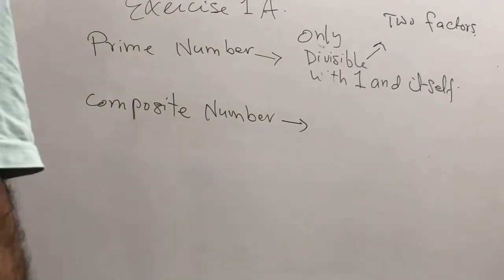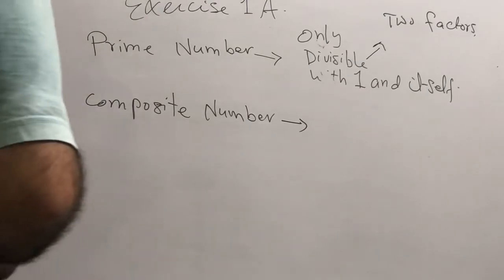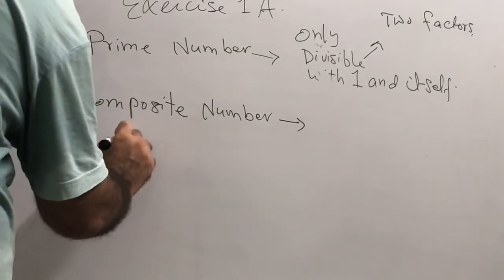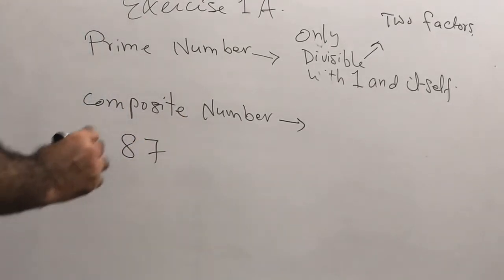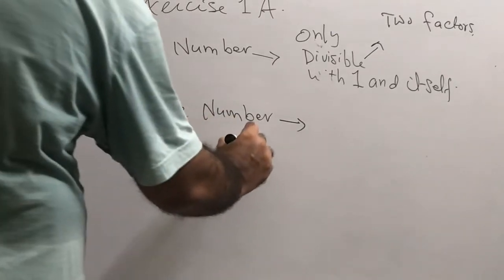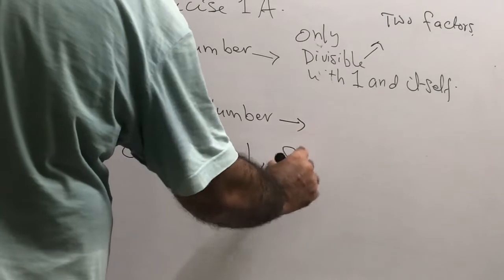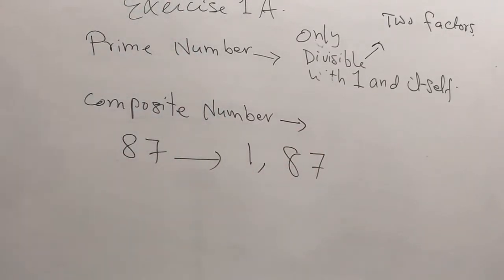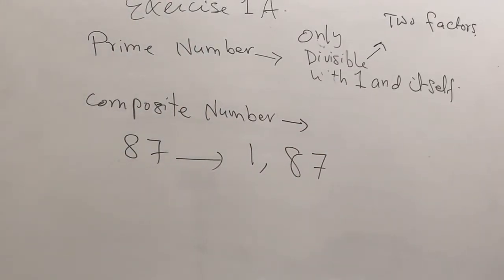So if we move to question number 1, it says 87. Is 87 a number which can only be divided with 1 and 87?